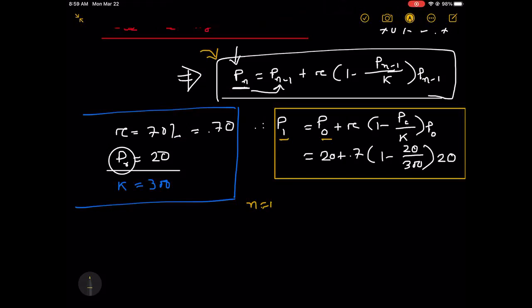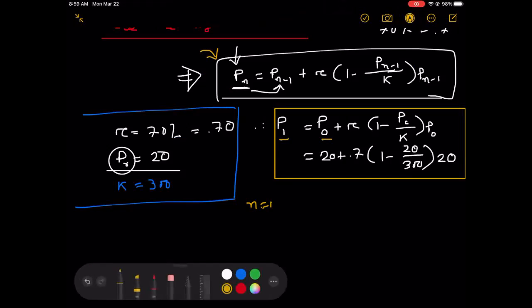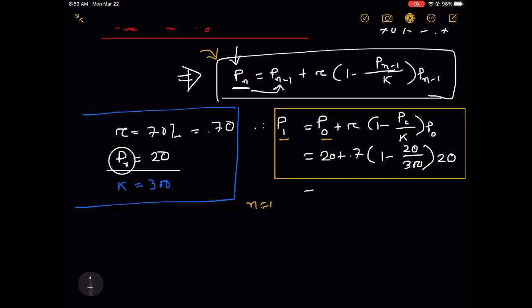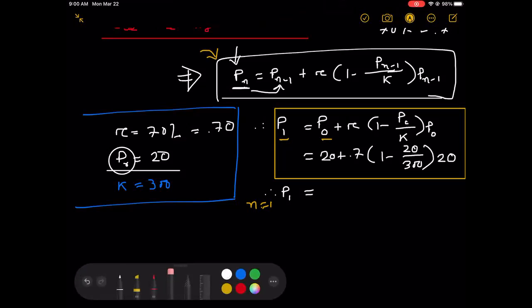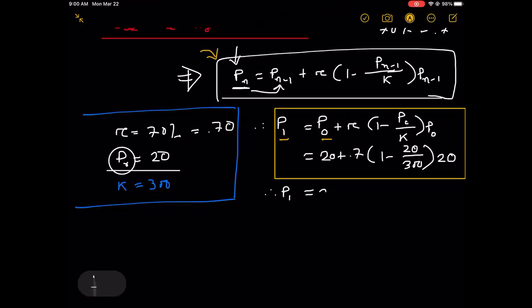Okay, so now you can calculate it and find P1. What's P1, by the way? If you can use your calculator and solve it for me. I'm doing it by hand.